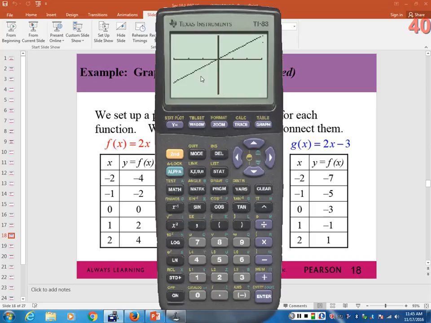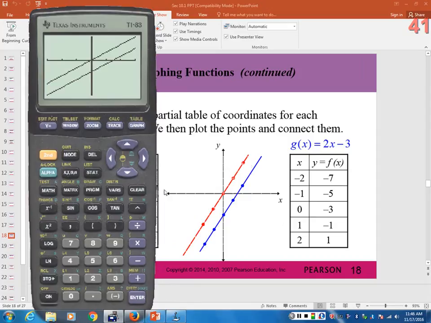So there goes the first equation, and there goes the second one. Okay? So here's negative 3, negative 2, negative 1, 0, 1, 2, 3.